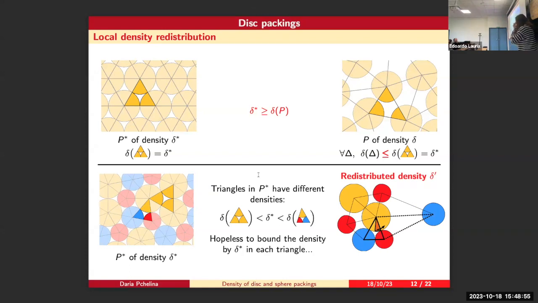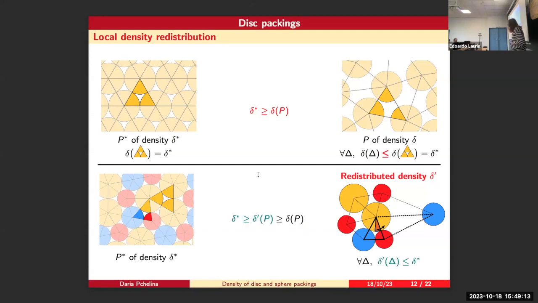Actually, what we do in our proof is to define an alternative redistributed density function delta prime, which will force these dense triangles to share their density with their empty neighbors. I will not show you the definition of delta prime because it's very complicated, but we constructed it in a way that around each vertex in any possible packing, our redistributed density is always less than the real density.